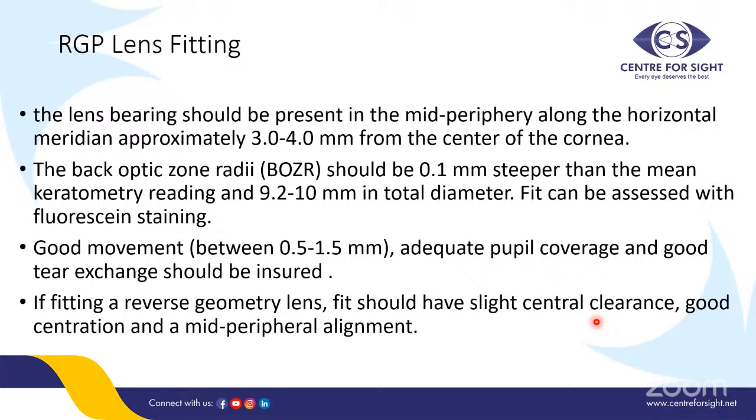The fit is then assessed by fluorescein staining. For example, you can look for the bullseye pattern or use the 3-touch technique. As the patient blinks, there should be good movement of between 0.5 to 1.5 mm. It should cover the pupil adequately, and there should be good tear exchange.